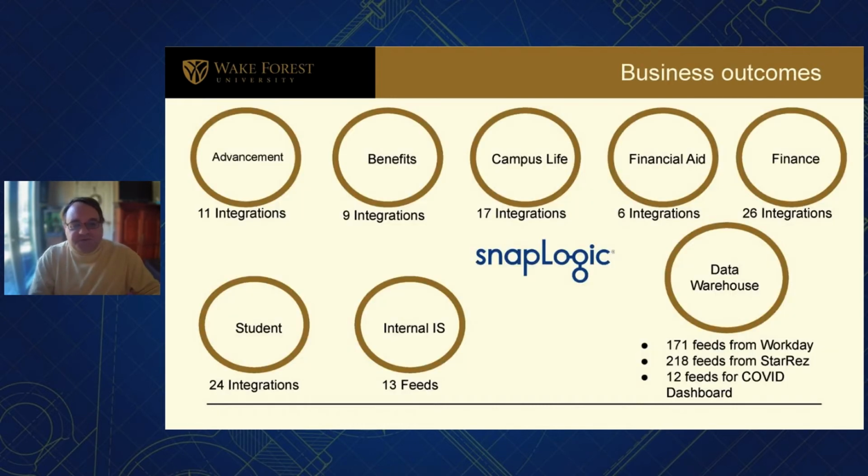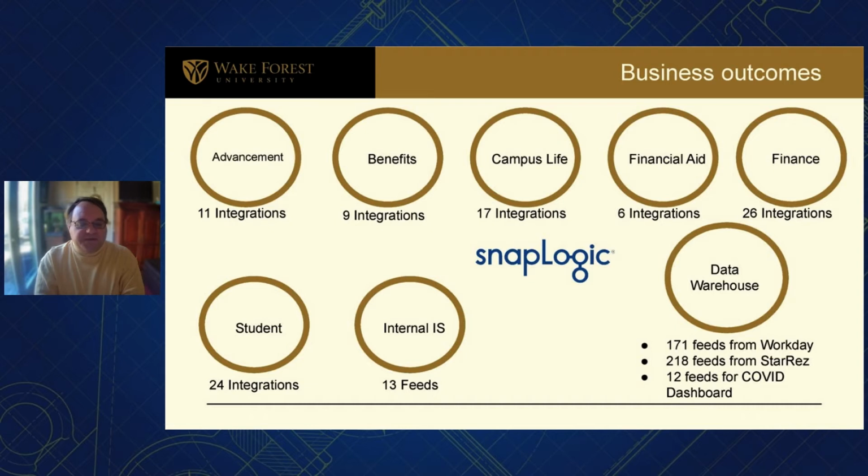So the outcomes are, at this point, with SnapLogic, we've been able to develop an awful lot of integrations. We've got our integrations to our advancement system. We have 11 of them. Our HCM system is exporting to 9 different vendors for our various benefits.